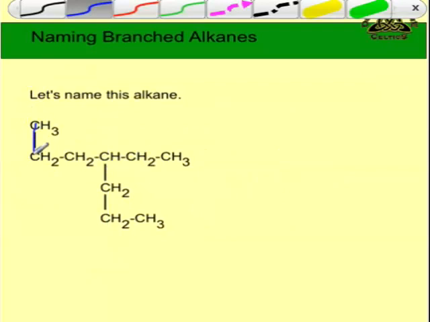I could come down, turn, come down here, and I notice I did not lift my pen. So my root name here would be 1, 2, 3, 4, 5, 6, 7. My root name would be heptane.